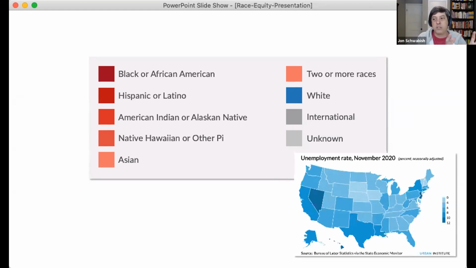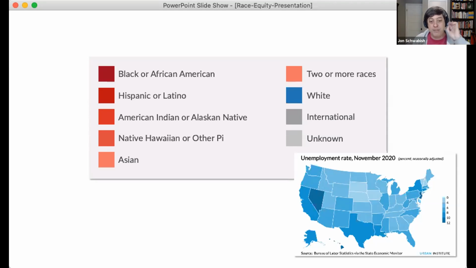White students are their own category in the blue color. Then the international students and the students who don't identify their race are in these categories of gray. So that's the first problem with this legend as I see it, that you've got this grouping of students of color versus the white, where the white is deemed the norm because it's the only group that gets its own color.